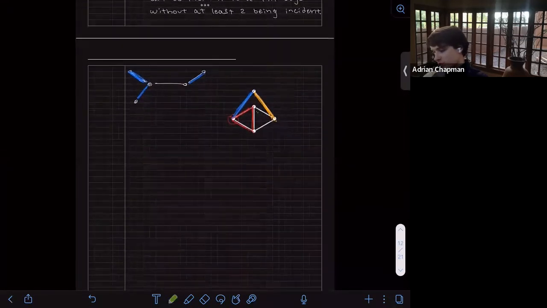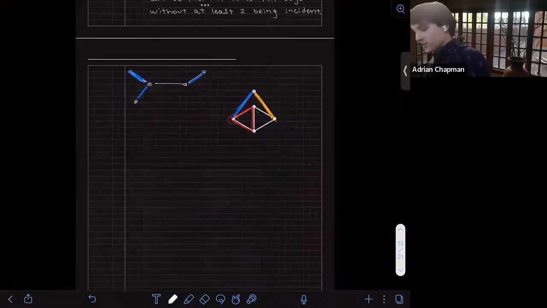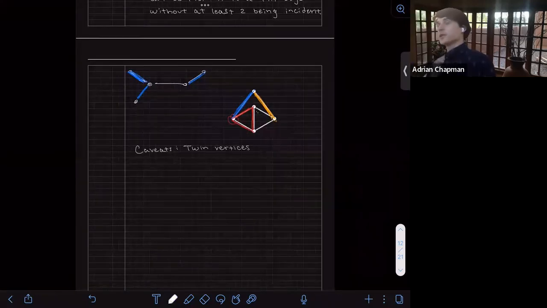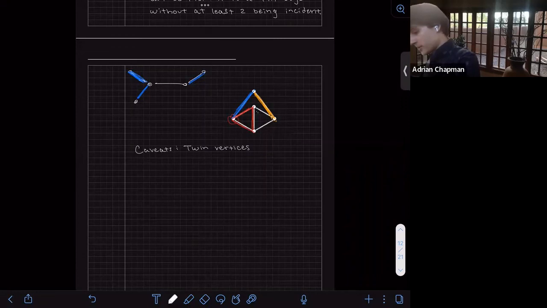Okay, so I just want to mention a couple of caveats to this. This is a good place to actually have this image. The first set of caveats I want to talk about are called twin vertices. Twin vertices have the same neighborhood.